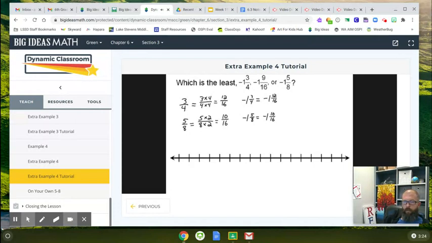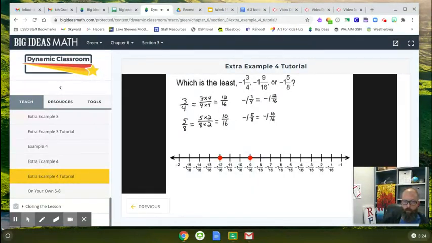To graph -1 and 12/16, draw a closed circle at -1 and 12/16. To graph -1 and 9/16, draw a closed circle at -1 and 9/16. To graph -1 and 10/16, draw a closed circle at -1 and 10/16.